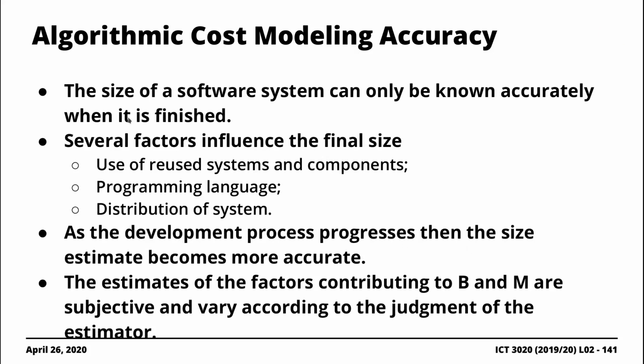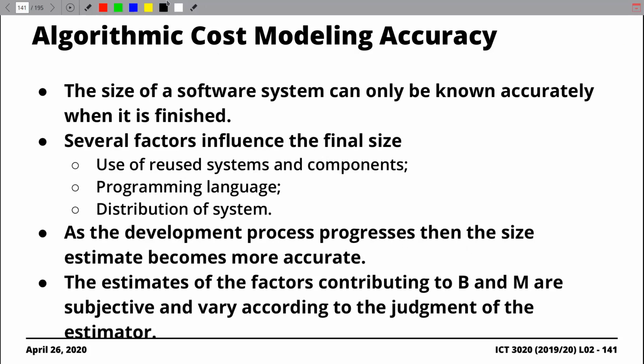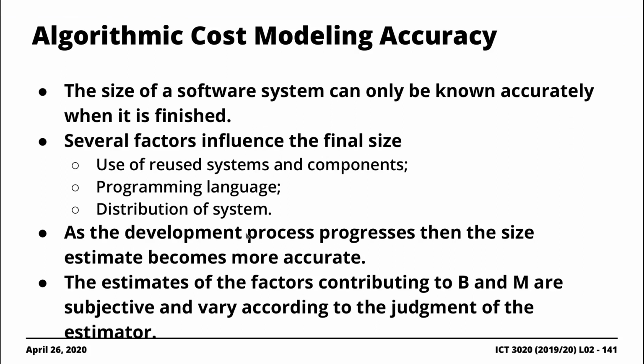All right, so again, there are several factors that will influence these statistical methods, right? Things like the use of reusable components, the type of programming language that you're using. Perhaps the influence of lines of code might not really be that much if you're using JavaScript, but it may be significant if you're using a language like C or C++, just because it's not as intuitive.